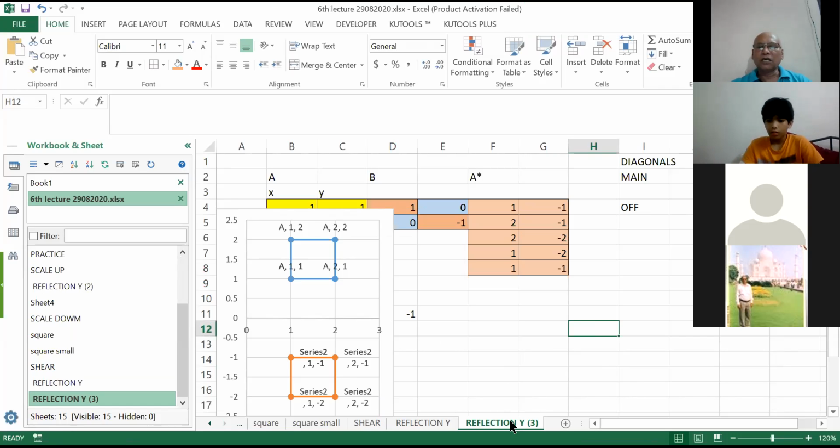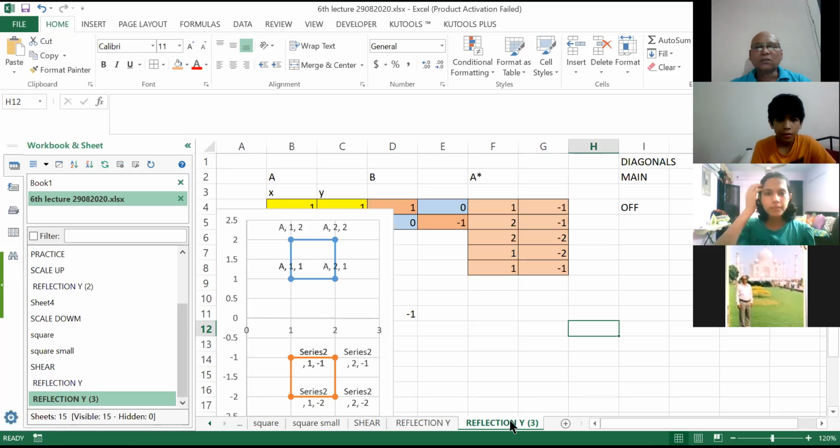So here, what we have done till now. Can you tell what transformations we have done till now, Mandar? Sir, we have done scaling, shear, and reflection. Yes. Now we will be doing rotation.